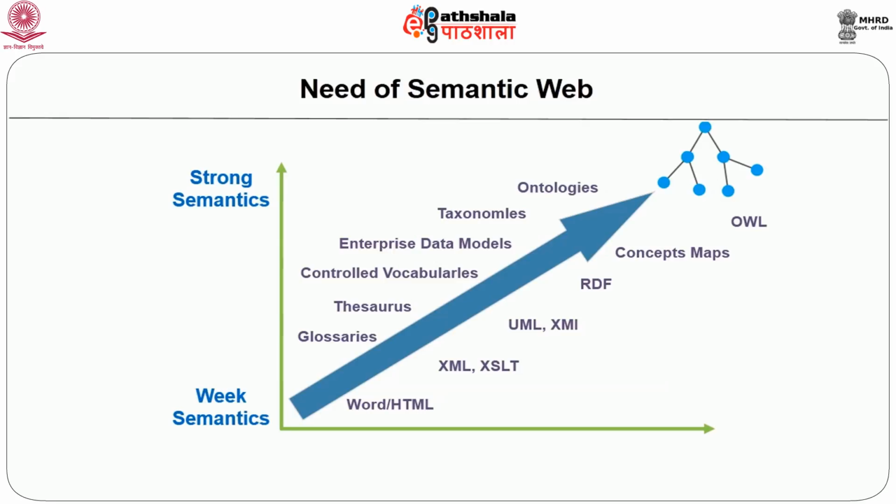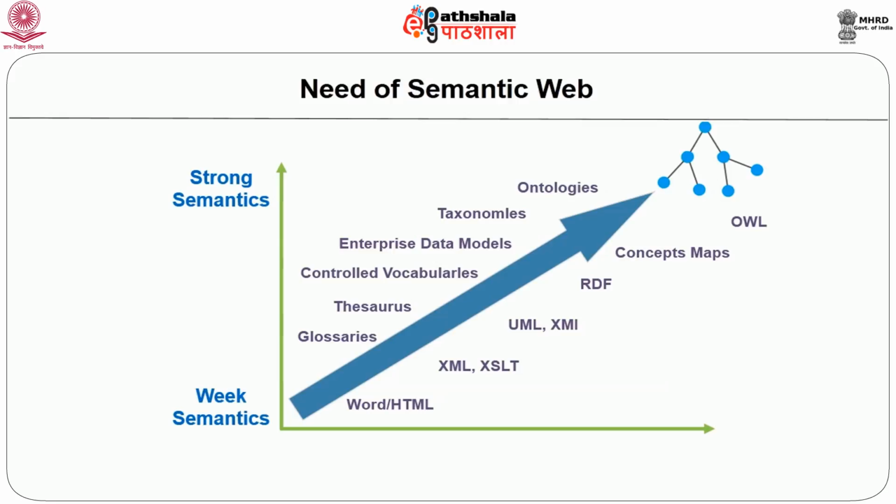This is what we call weak semantics. Now, if you add a controlled vocabulary or separate data models, like enterprise data models and taxonomies, and finally, recently, the best semantic model coming out is a model called ontology.